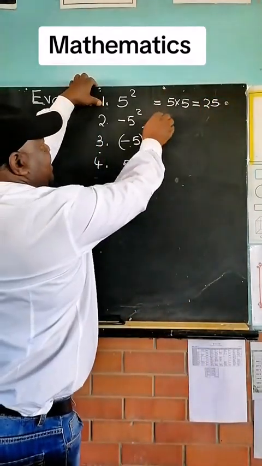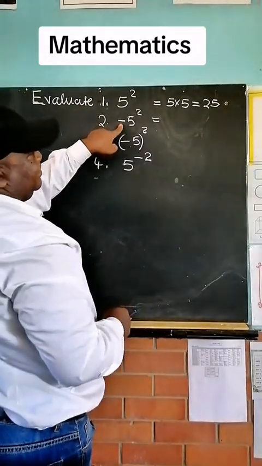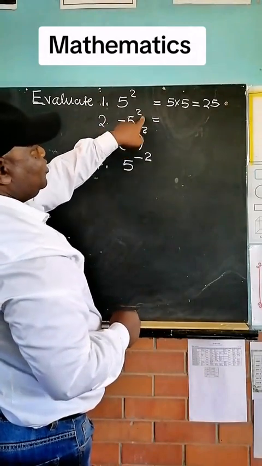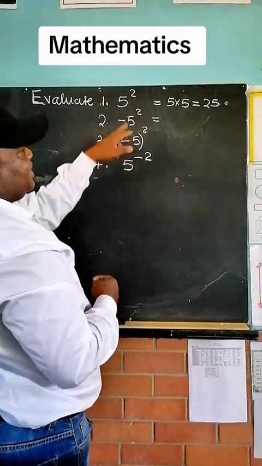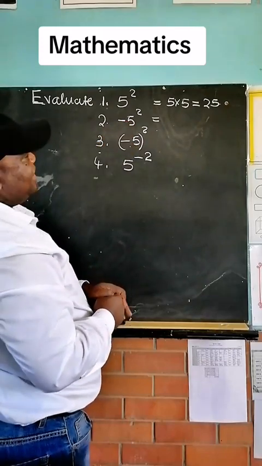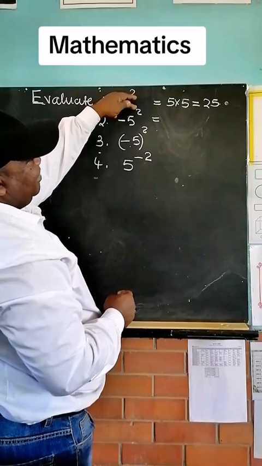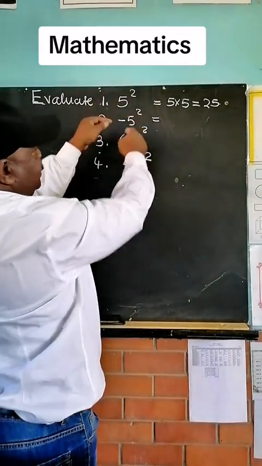But when we look at number 2, there is now a negative 5 to the power of 2. What is important in this question is to notice which number is being squared. The minus here is not influenced by that square because it is not bracketed.